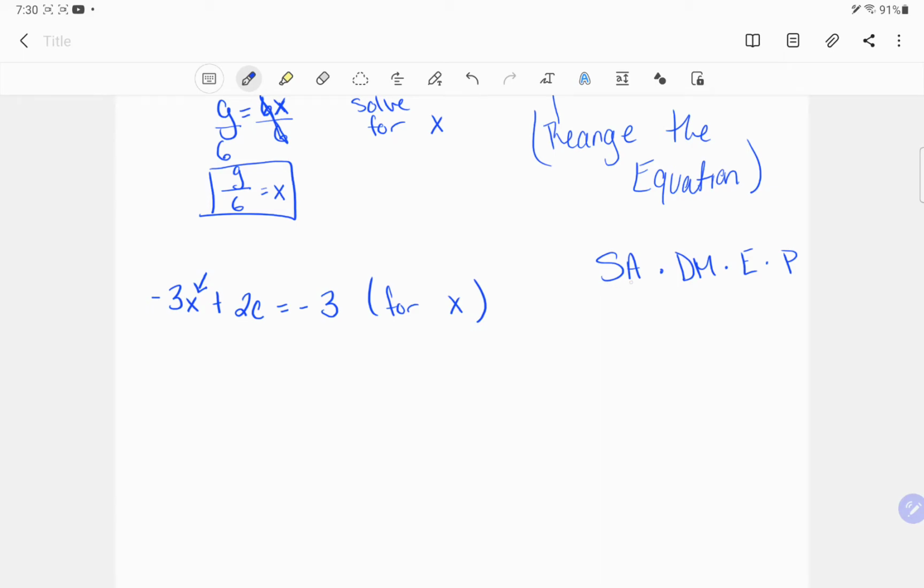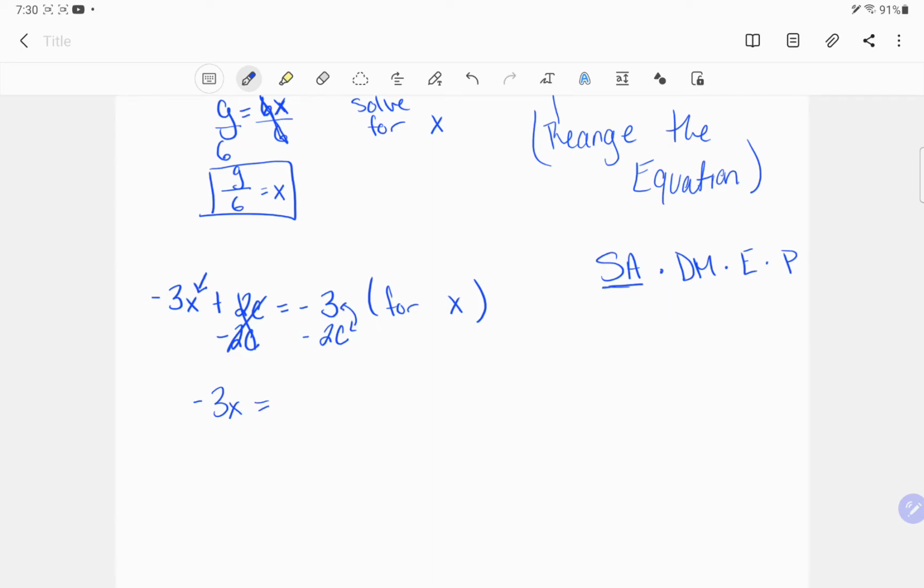I'm going to start with subtraction or addition. I have this whole term that is falling into addition and subtraction. So I'm going to do the opposite of add 2c, and I'm going to subtract 2c. Those go away. 2c minus 2c is still 0, and that'll leave me with just negative 3x equals.